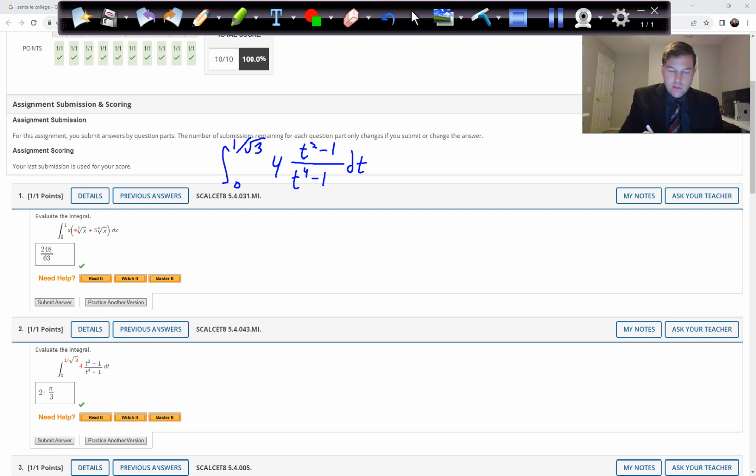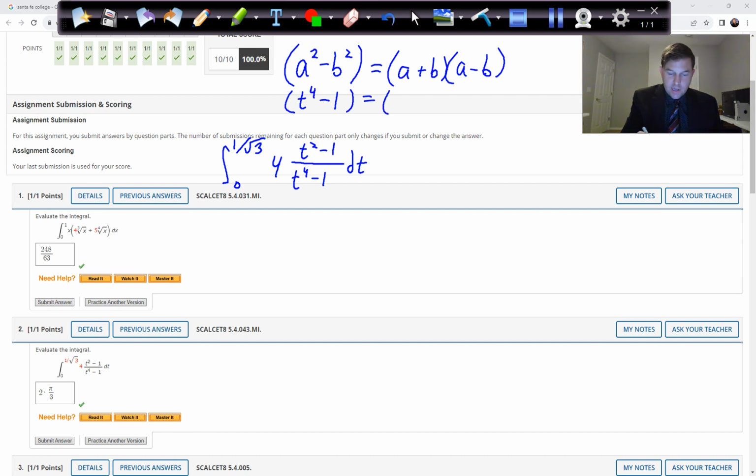We're going to use a property from algebra called the difference of perfect squares. If you have a squared minus b squared, you can factor that into a plus b, a minus b. So if we have t to the 4th minus 1, that's the same as saying a is t squared, so we get t squared plus 1 and t squared minus 1.